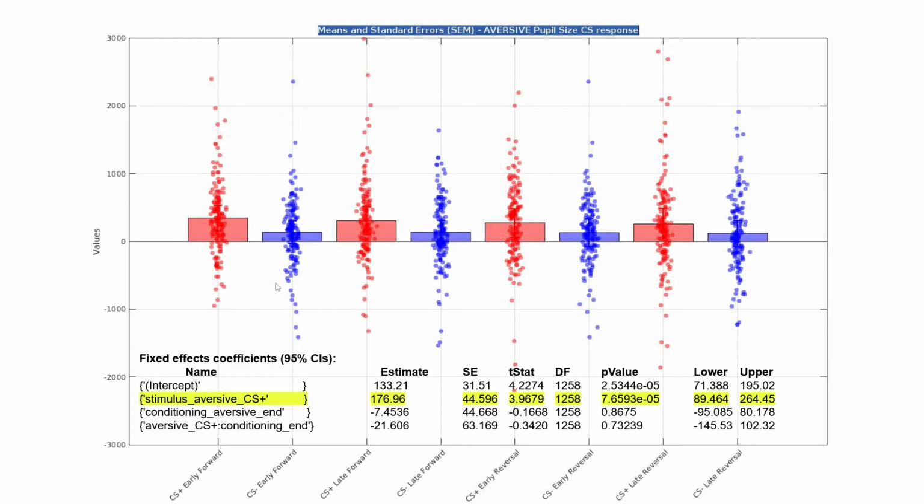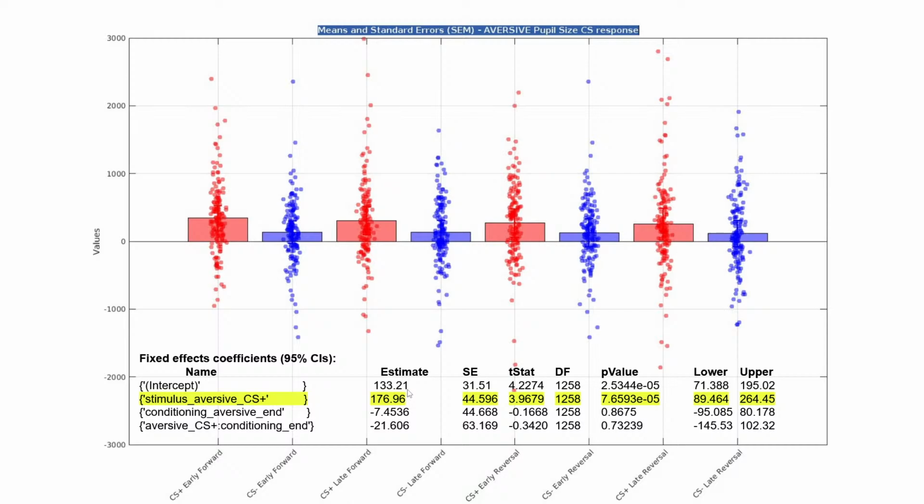When only the stimulus was taken as the predictor and the pupil size as the response value, we can see that during the whole experiment CS plus is higher than CS minus in all parts, initial and reversal. We can say that CS plus causes a 1.17 millimeters higher response compared with the CS minus.